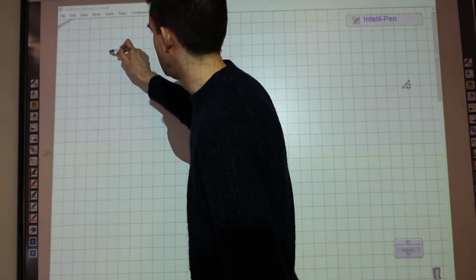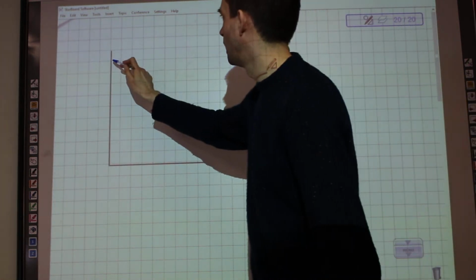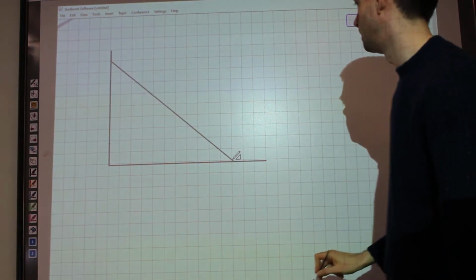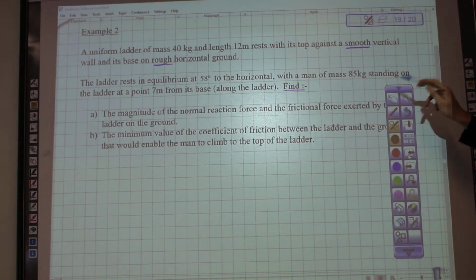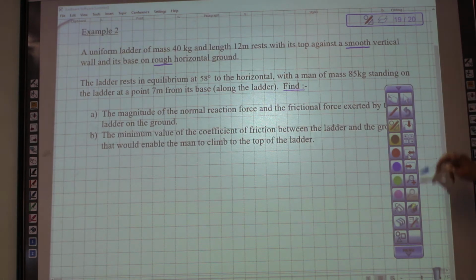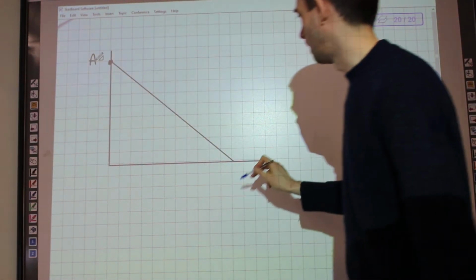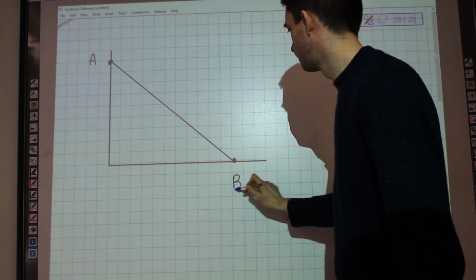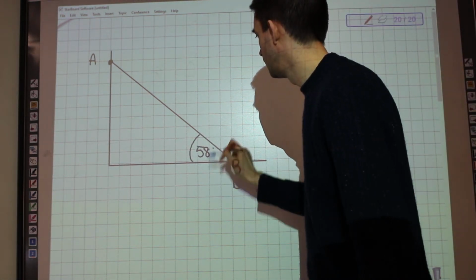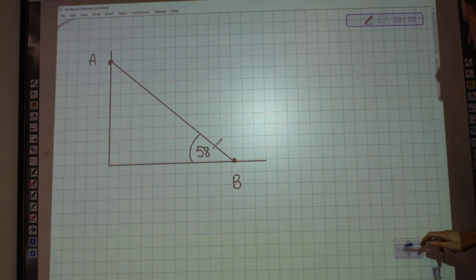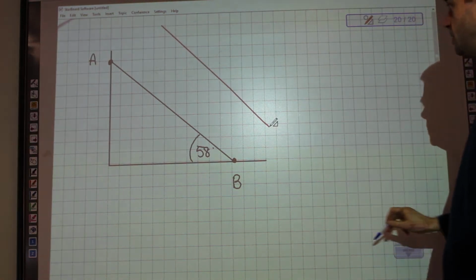We've got a smooth wall, rough horizontal ground, and a ladder like so, with its top against the vertical wall and its base along the rough horizontal ground, so we'll call those A and B. We were told that the angle of inclination was 58 degrees, and that the overall length of the ladder was 12 metres, so let's draw this line here that's the same length as the ladder.